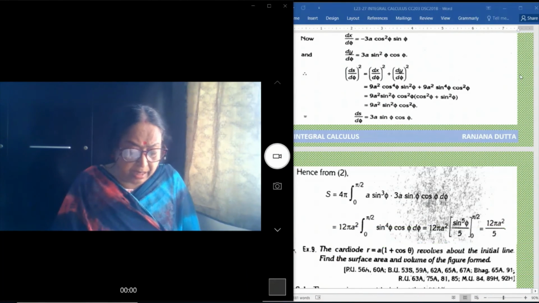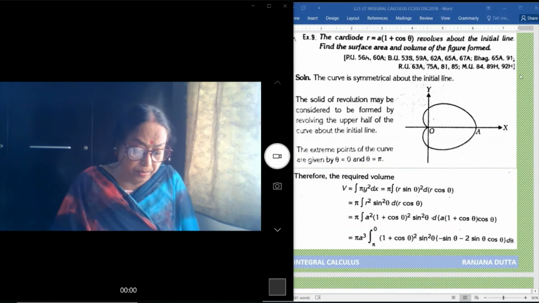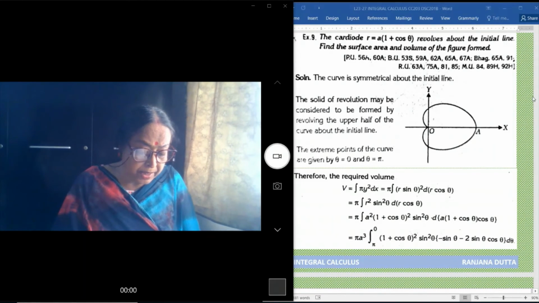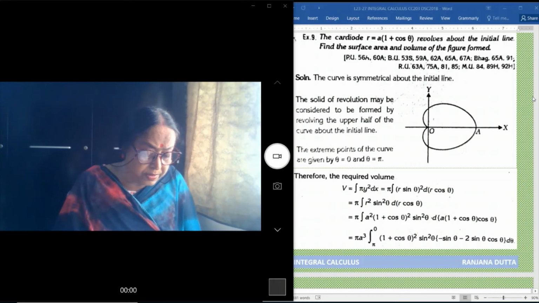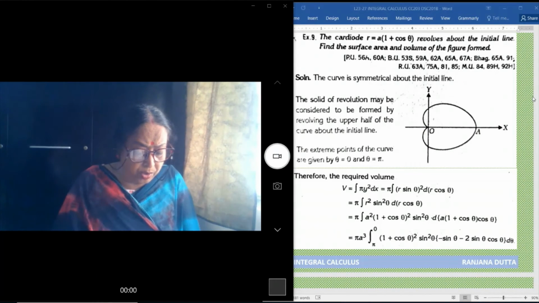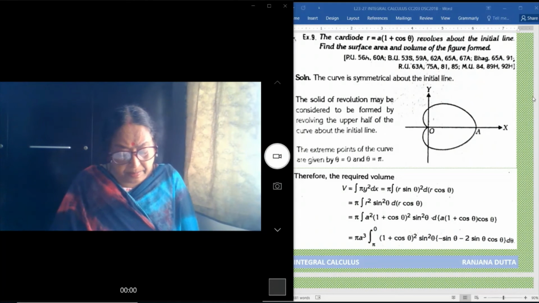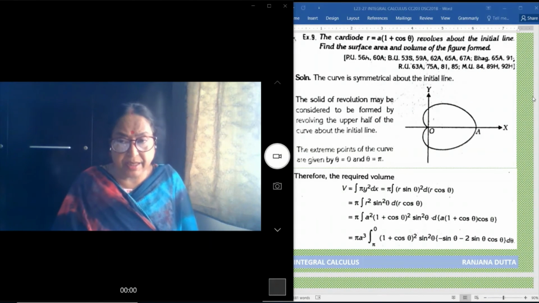The cardioid r is equal to a into (1 plus cos theta) revolves about the initial line. Find the surface area and the volume of the figure formed. The curve is symmetrical about the initial line.